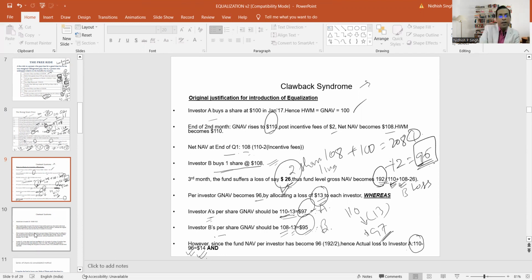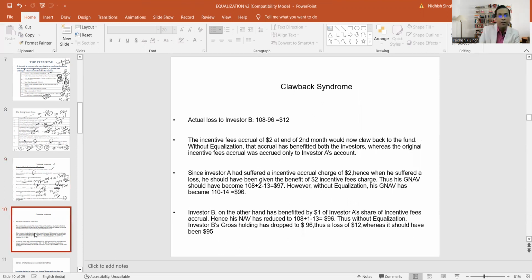If we similarly analyze for B, that will be a different number. The original subscription amount was 108. Now the NAV is 96, so its loss is $12 only. Why is it like this? Why does A have a $14 loss and B a $12 loss?